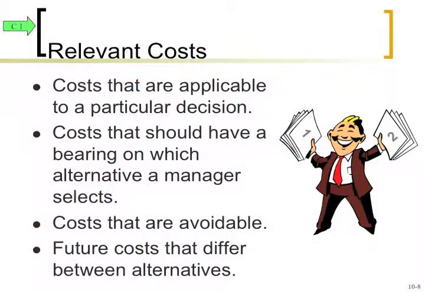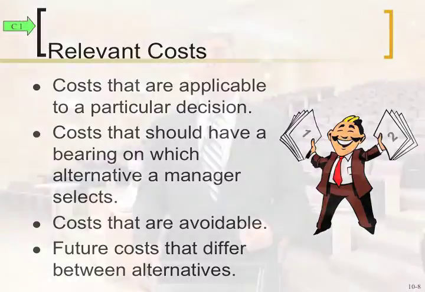The key item on this slide is the very last item, and I can't emphasize this enough. In order for a cost to be relevant to a particular decision, it must meet 2 criteria. The first is that it must be a future cost. The second is that it must differ between the alternatives. So what does that mean?